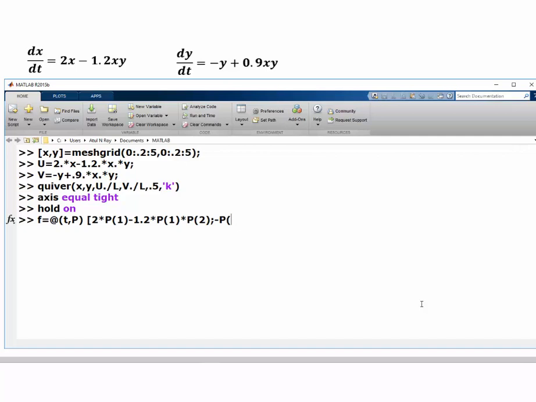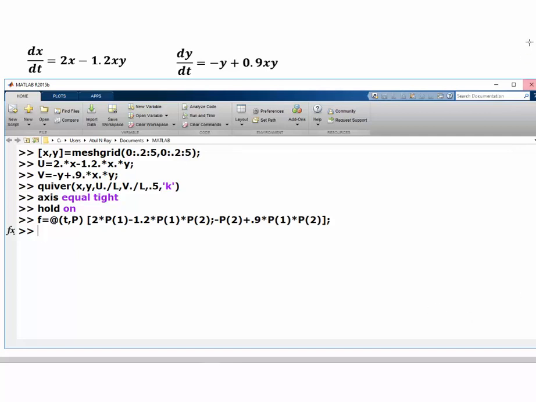I have negative y, so that goes as negative p2, plus 0.9 times p1 times p2. Then I close the brackets.